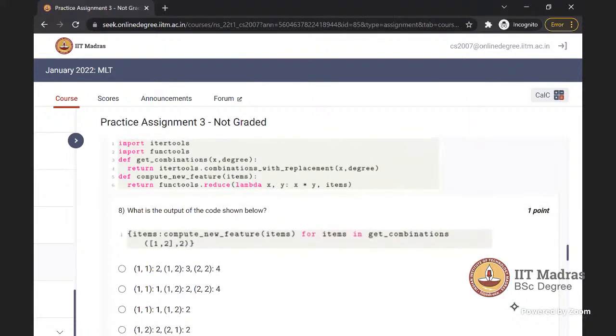Anybody would like to answer this one? Yeah, it will be 1, 1, 1, 2, 2, 2, because we have the 2 degree. 1, 1, 1, 2, 1, 2, and the 2, 2.